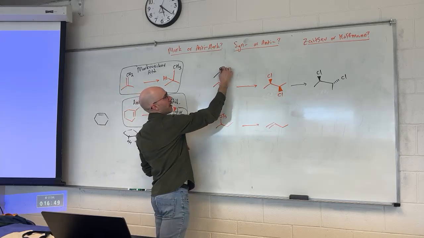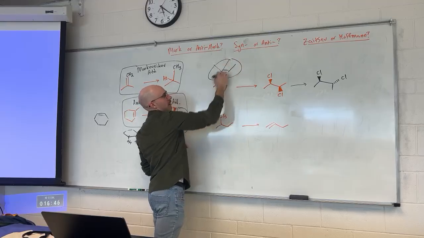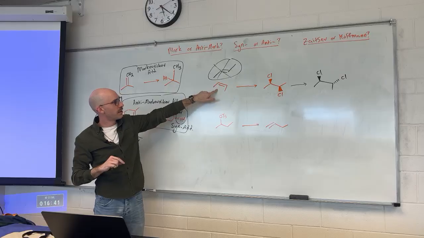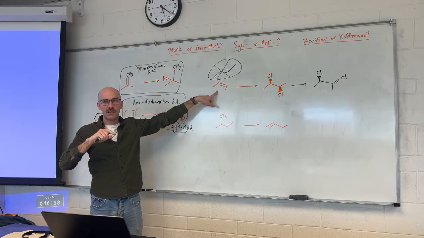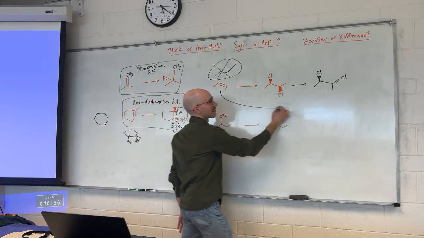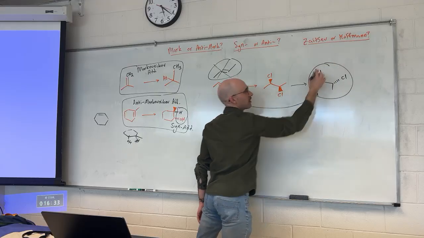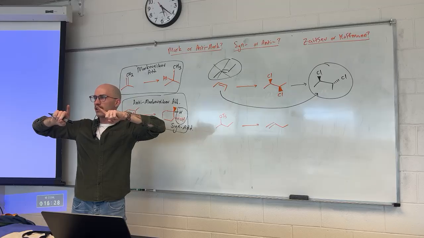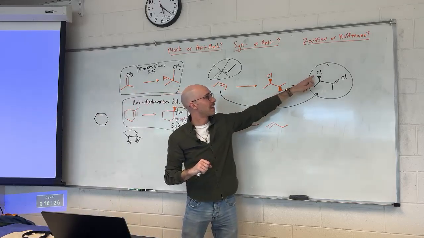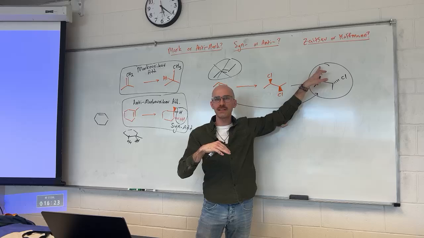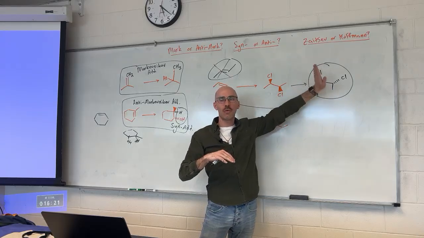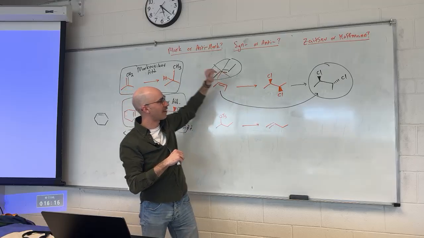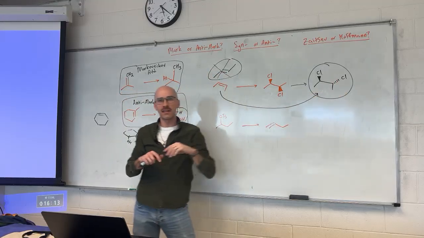This pi bond is not zigzag. That would be a stereoisomer. This pi bond is zig-zig, which means the way that it reacts will produce a product that keeps that bond line in its zig-zig configuration. And what we can see here is the chlorines have added to opposite faces. One added wedged, one added dash. That's the top face of this flat alkene and the bottom face of the flat alkene.